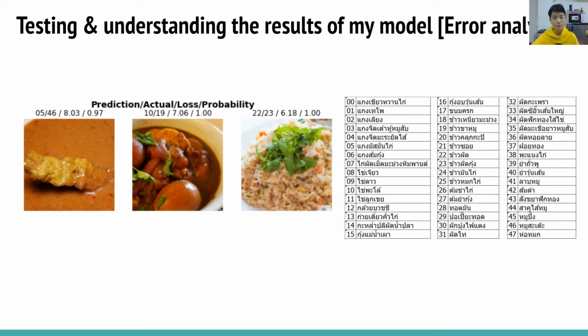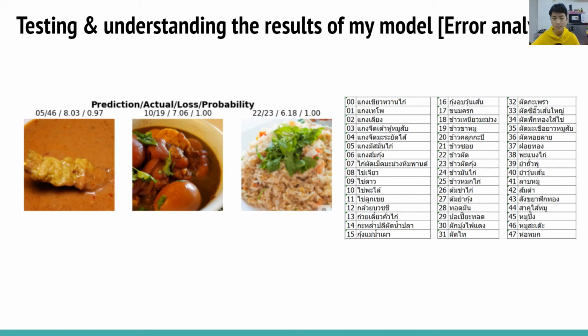So for the first one, we can see why it got it wrong. The actual is number 46, which is musete, and number 5 is gang masaman kai, right? So you can see why it got it wrong. The photo was a really close up of the sauce itself, and that is not really the main point of musete, which is only the pork, right? Only the pork part.